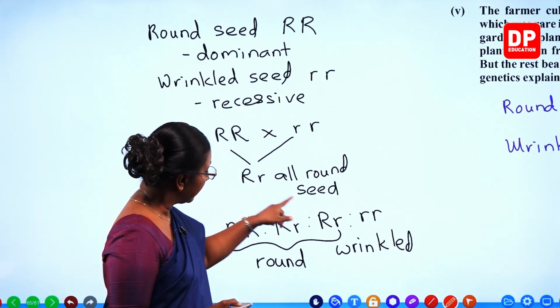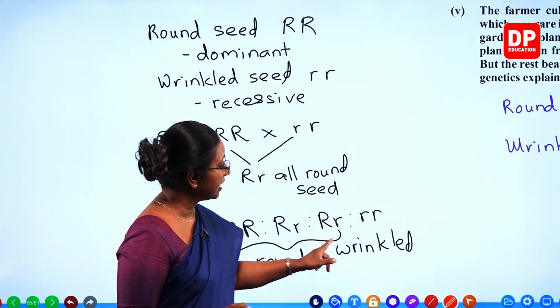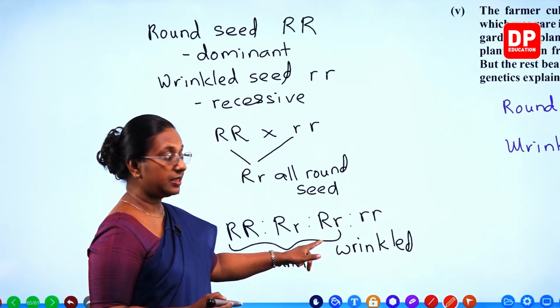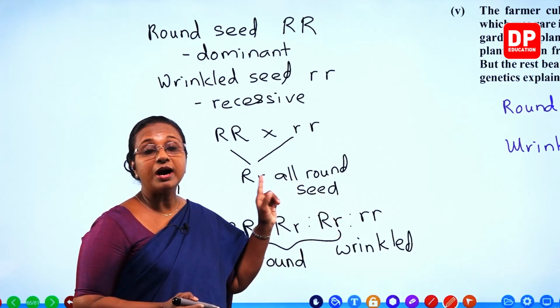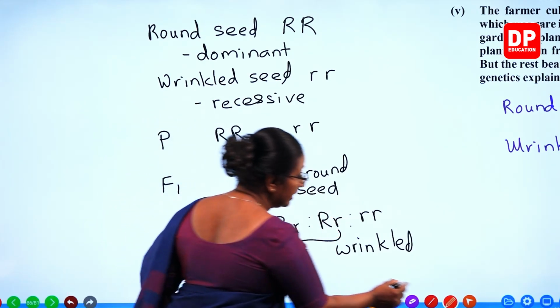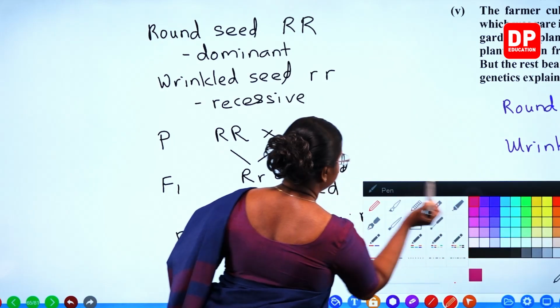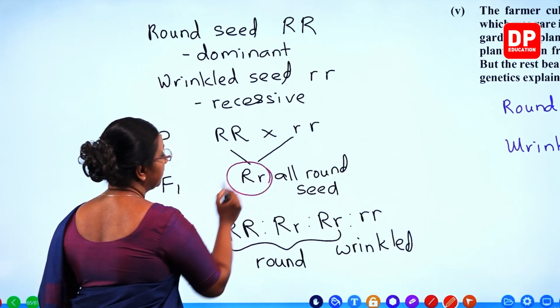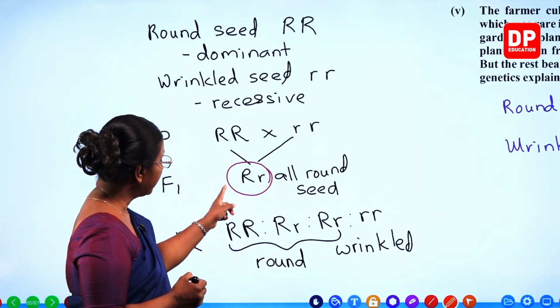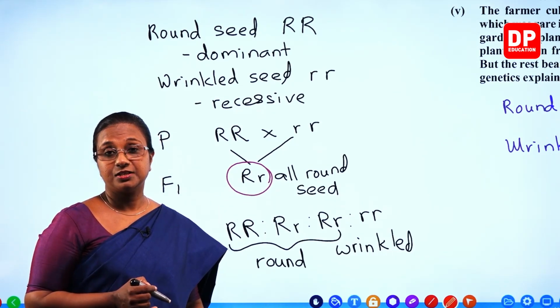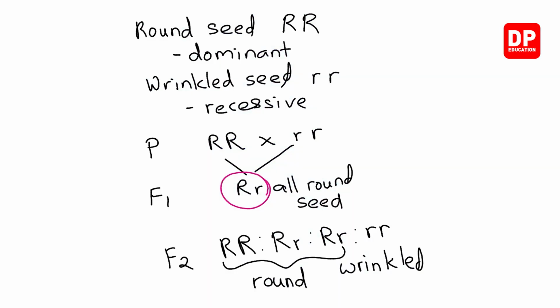So to get a higher number of round seeds and a few wrinkle seeds from all round seeded plants, you have to know that the initial genotype has to be a heterozygous condition. Capital R, simple r condition. Then only you will get both round and wrinkle seeds.